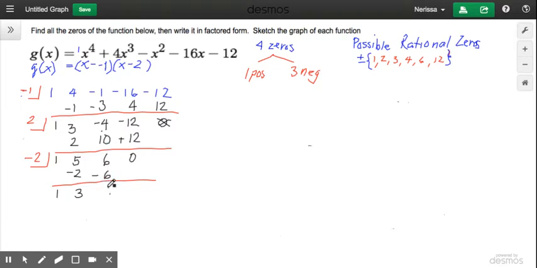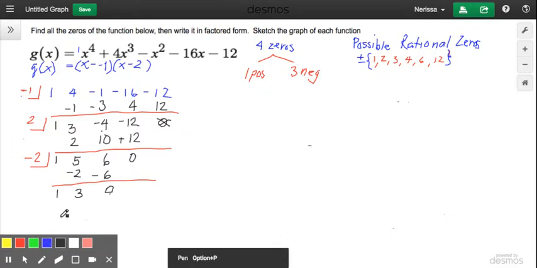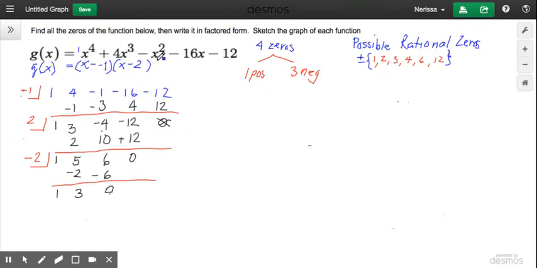Oh, and we found another 0. So negative 2 is a 0 of g of x. Therefore, we can write another factor of g of x, which is x minus negative 2.